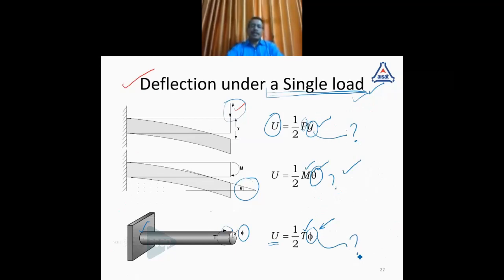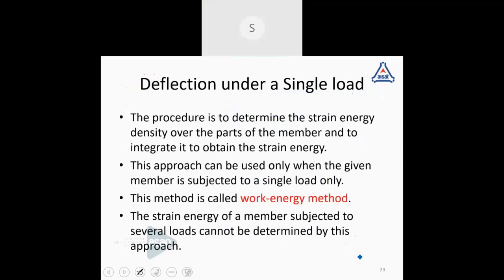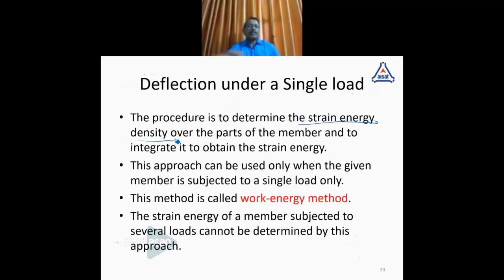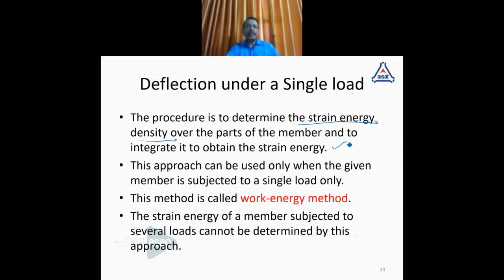This deflection can be determined. So the procedure is like this. Strain energy density is to be determined and integrated to obtain the strain energy, or if we have a standard formula available, we can directly use it to determine the strain energy. And this can be used only for single loads. The method is also called the work energy method.